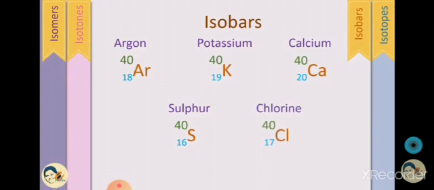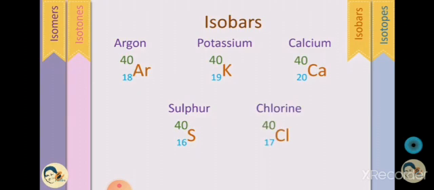All have the mass number 40. But they have different atomic numbers for different elements. Different elements that have the same mass number but different atomic numbers are known as isobars.